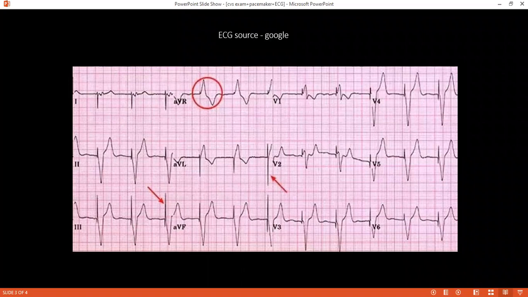Okay. How do you intend to manage this patient? This patient has no P waves. Okay. What else is typical?